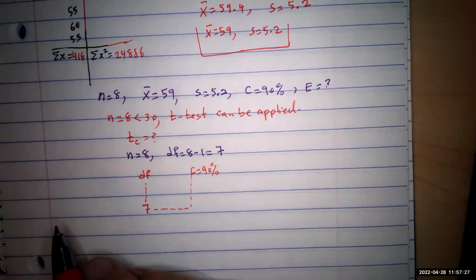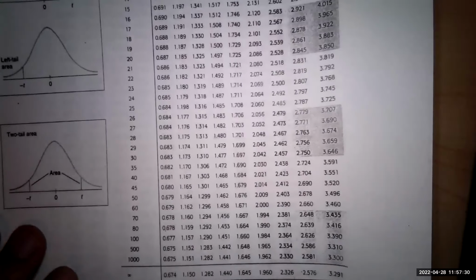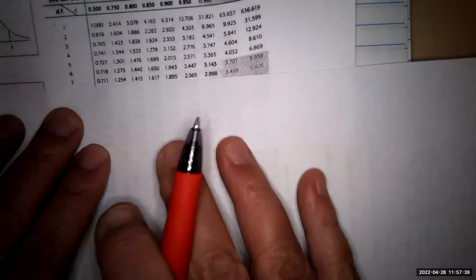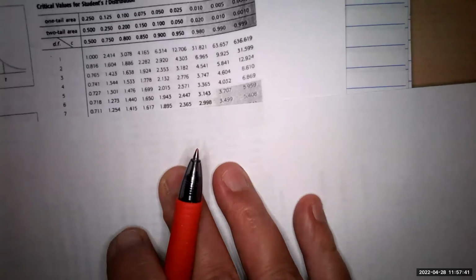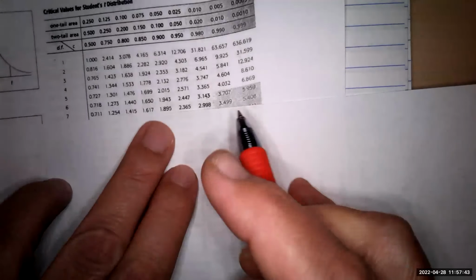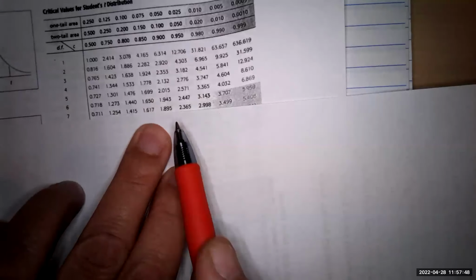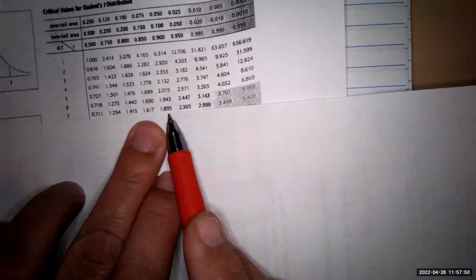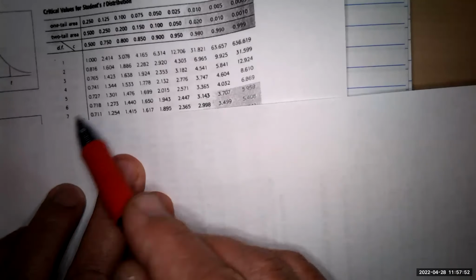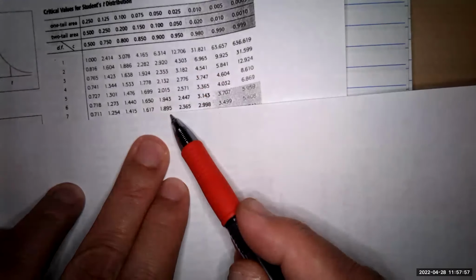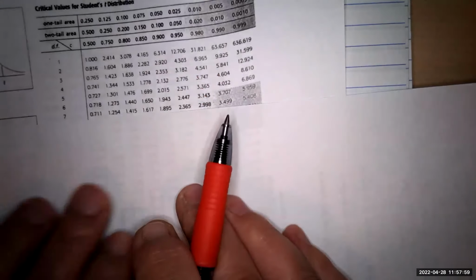So this is the T table, DF of 7 and the 90%. This is going to be the number 1.895.